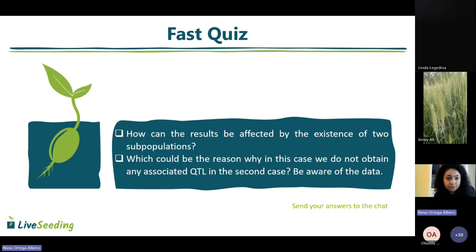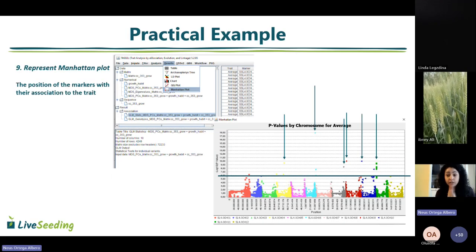And the other question: what could be the reason why, in the second case, we do not obtain any associated QTL? As we saw in the first practical example, we obtained some QTLs associated statistically with the trait. So we obtained some regions that have genes that are interfering in the expression of the phenotype.